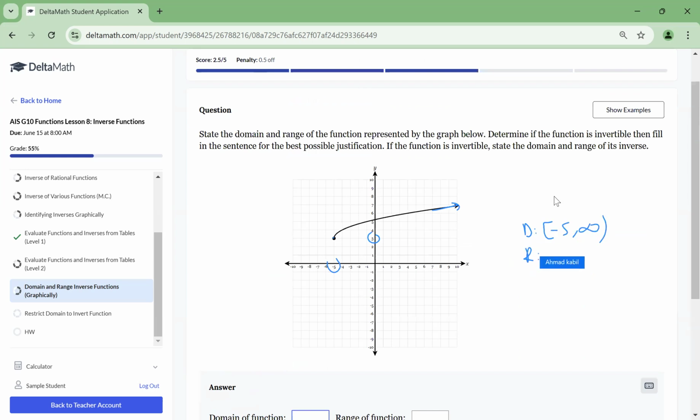The range would be 3 and infinity. This is invertible because it passes the horizontal line test. And then the new domain becomes 3 and infinity. And the new range becomes -5 and infinity. The domain becomes the range, and the range becomes the domain.